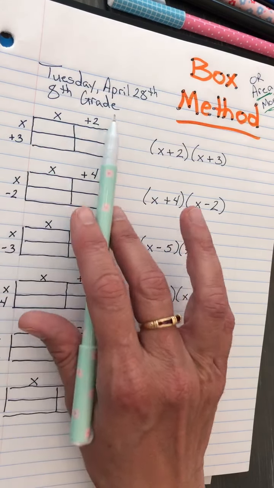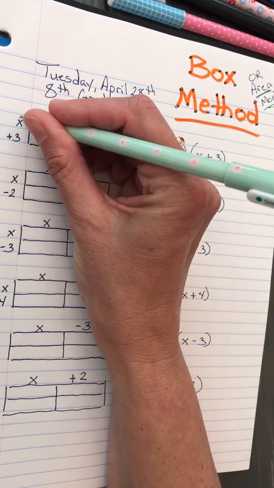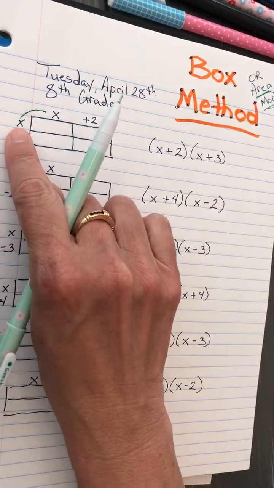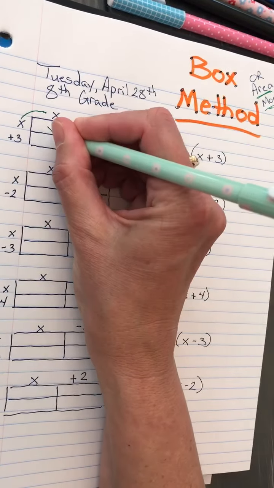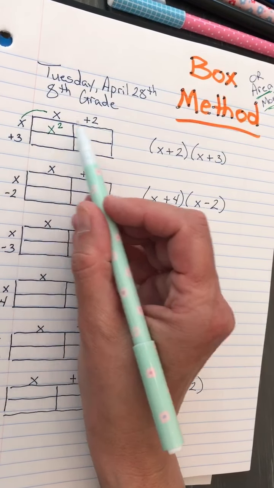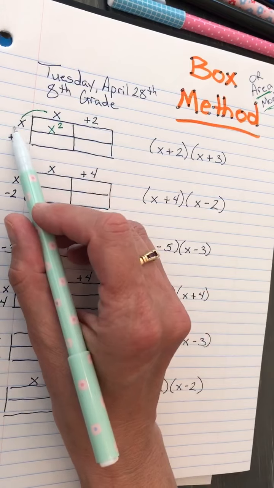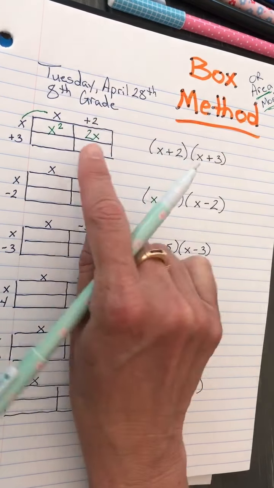Once you have them listed, the first thing we do is multiply x by the other x. X times x is x squared. Then I do x times a positive 2. We put the number first.